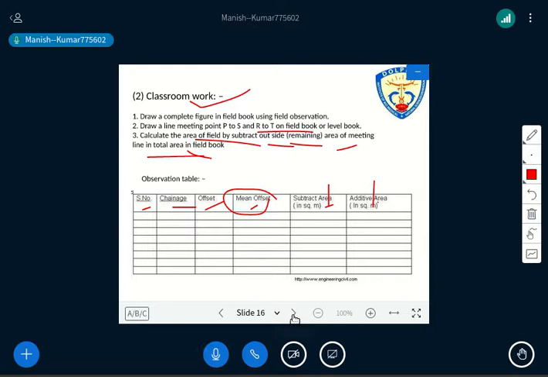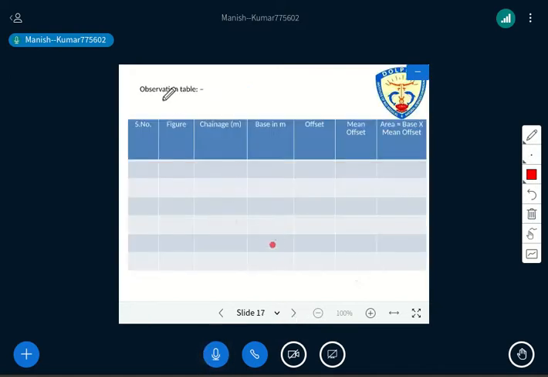And we have another field book that can be used. So the observation table can be made like that also. So serial number, figure, chainage, base in meter, offset, mean offset, and then area is base into mean offset, right? So this is another observation table when we are getting the data from the field itself, right?